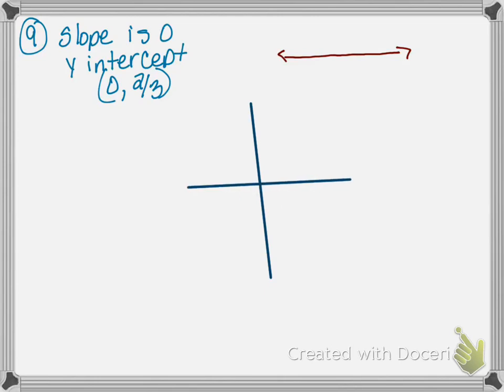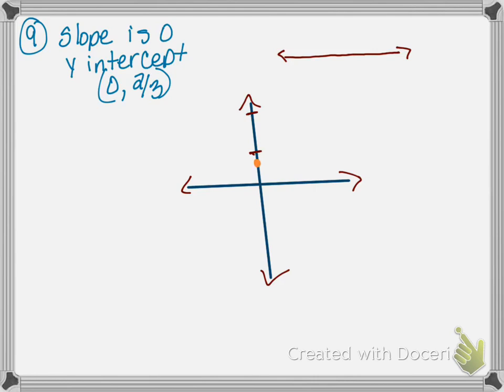So there's my x and my y axis. It doesn't matter. So I'm going to put my positive 1 and negative 1. So positive 1 and positive 2. Positive 2/3 hits about right here on my intercept.